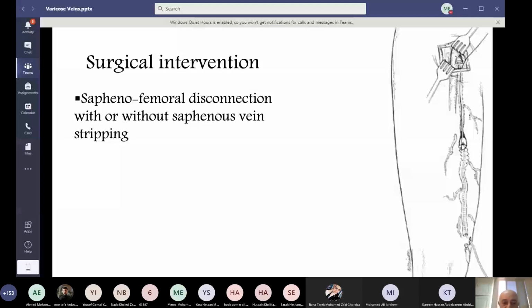We can perform saphenofemoral disconnection with or without stripping of the saphenous vein according to the situation. If this vein is very ugly, we remove it. If the vein is acceptable and not ugly, we leave it for involution. What do I mean by involution? You removed the effect of the incompetent saphenofemoral valve. Therefore, this vein will no longer be subjected to higher pressure coming through the incompetent saphenofemoral junction valve.